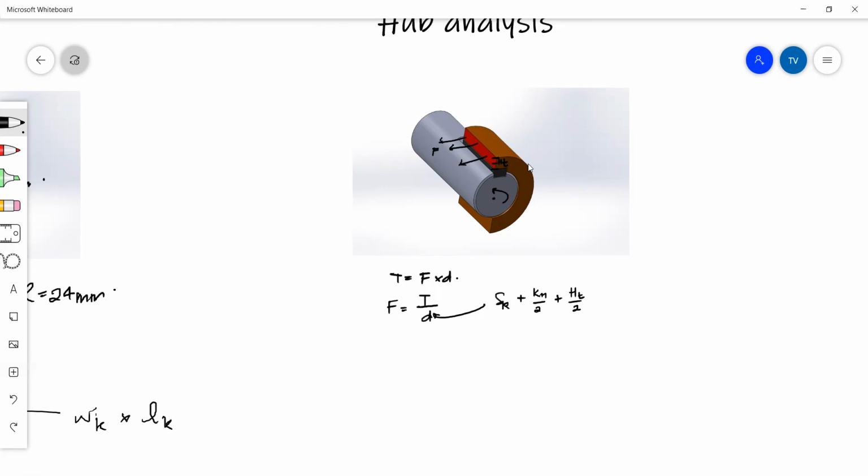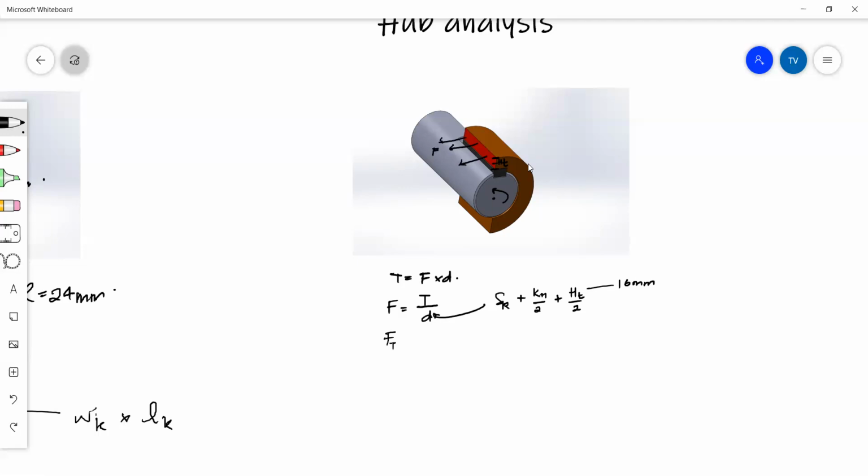Now, this hub thickness is something that you have to assume. You say, okay, I think the hub thickness should be, let's say, 16 millimeters. So you make that assumption, plug it into this formula, and then solve for your force.